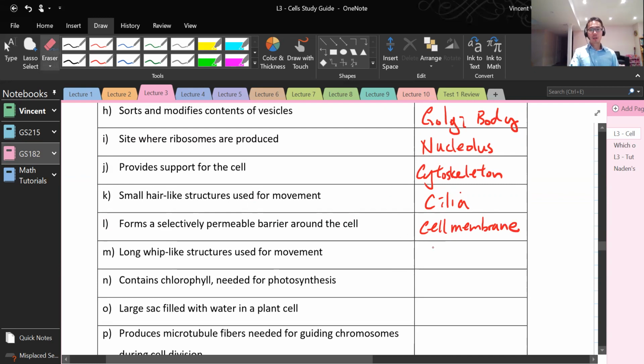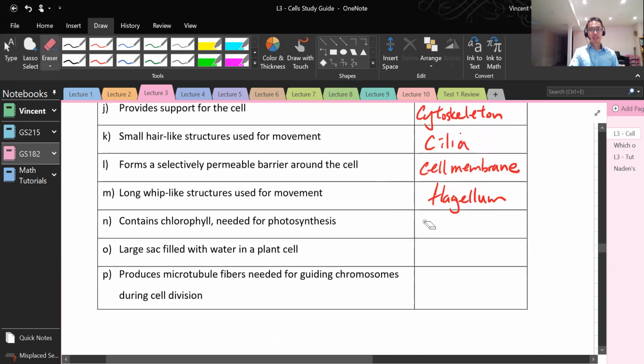A whip-like structure for movement, flagellum. Contains chlorophyll, that's the chloroplast. Large sac filled with water in plants, that is the central vacuole. Produces microtubule fibers needed for guiding chromosomes, that is the centrioles.